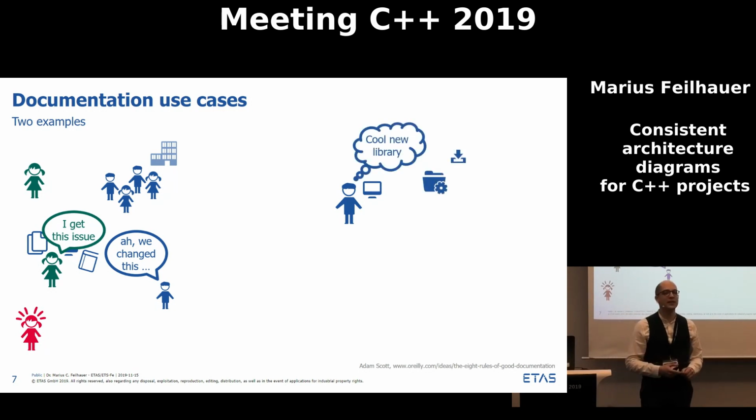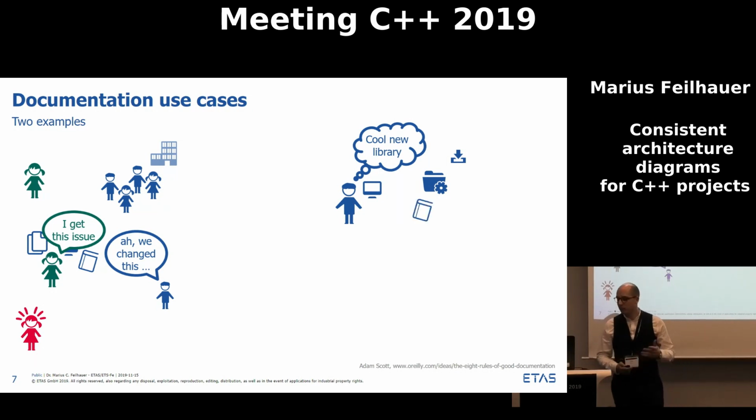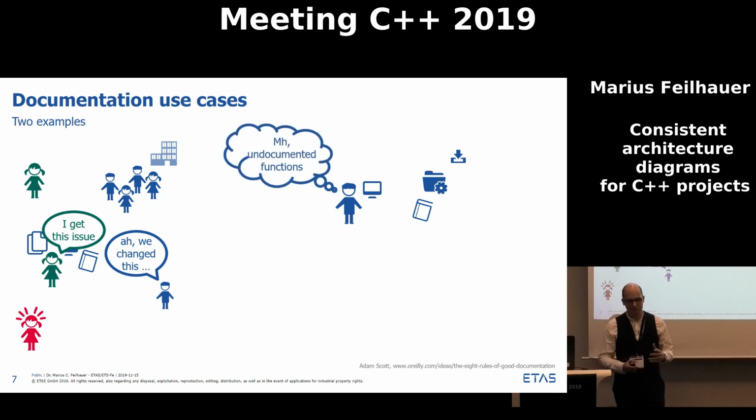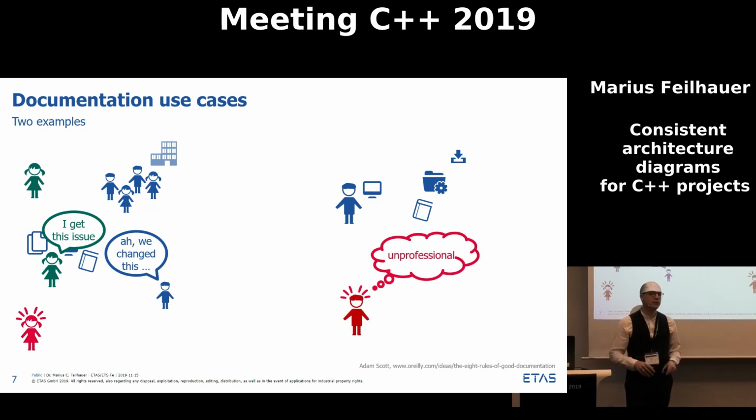It's fitting your purpose. You download it, you try it out, and then you, of course, might have a look at the documentation and you find there are some undocumented functions. Stuff is maybe working differently. You don't get an overview of what the library is about, the intention. So you think, it somehow looks unprofessional, let's put it away.